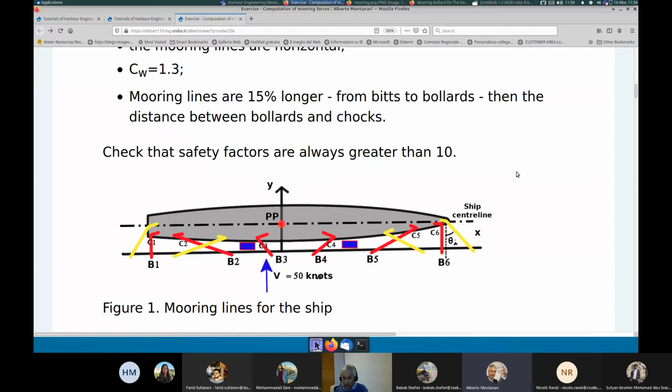And there is also another thing to say: to oversize a mooring line does not require a much larger additional expense. It's not like for a structure, where if you oversize it, you have construction costs that are much larger. In this case, it's not a big problem. So this is why the safety factor for mooring lines is always suggested to be quite large.